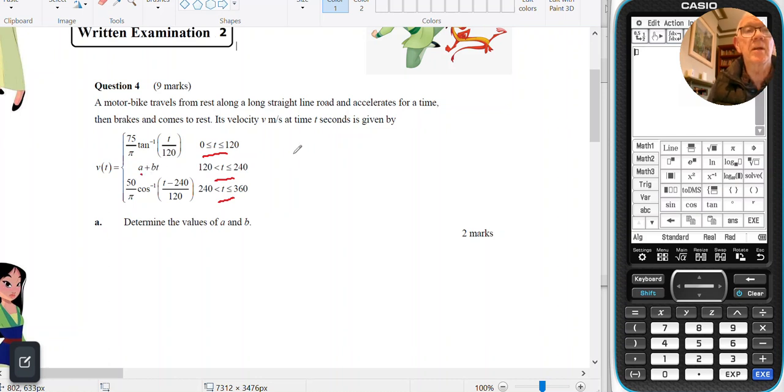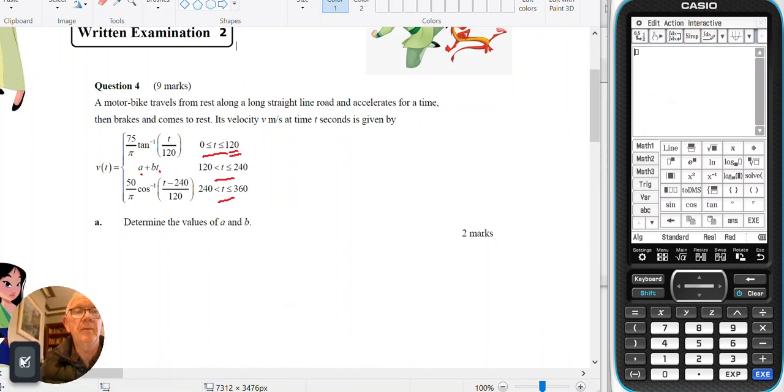So since it's a velocity time curve, it's going to be continuous. So when it comes out of the inverse tan into the straight line, it's going to be the same y values on either side of the join of 120.